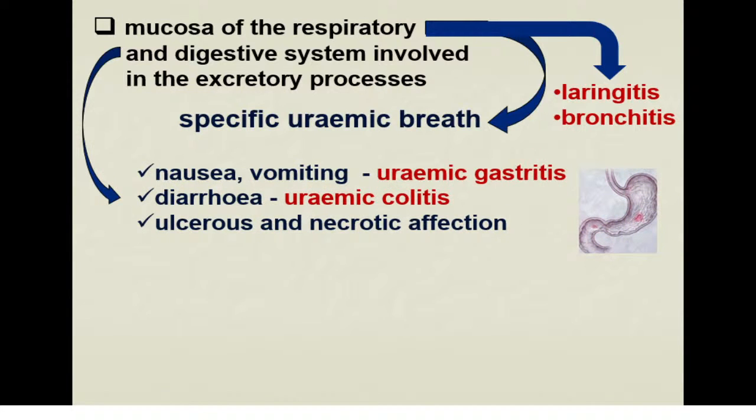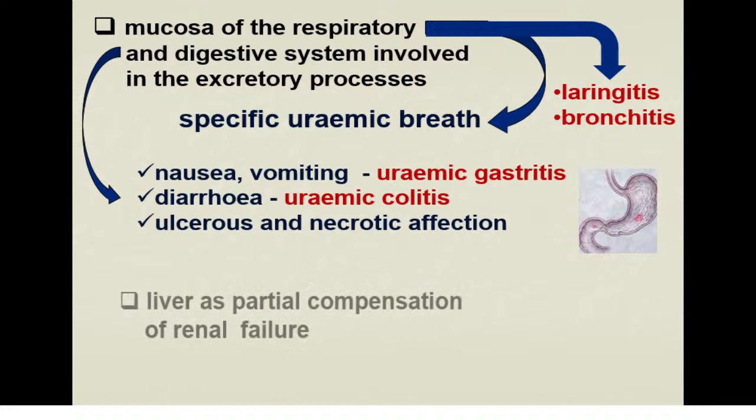In the digestive system also, the mucosa becomes dry, activity of glands decreases, and as a result uremic gastritis forms. The patient complains of nausea and vomiting. Due to involvement of the intestinal mucosa, uremic colitis, the patient is predisposed to diarrhea, and the dry mucosa is predisposed to ulcerous and necrotic affection.